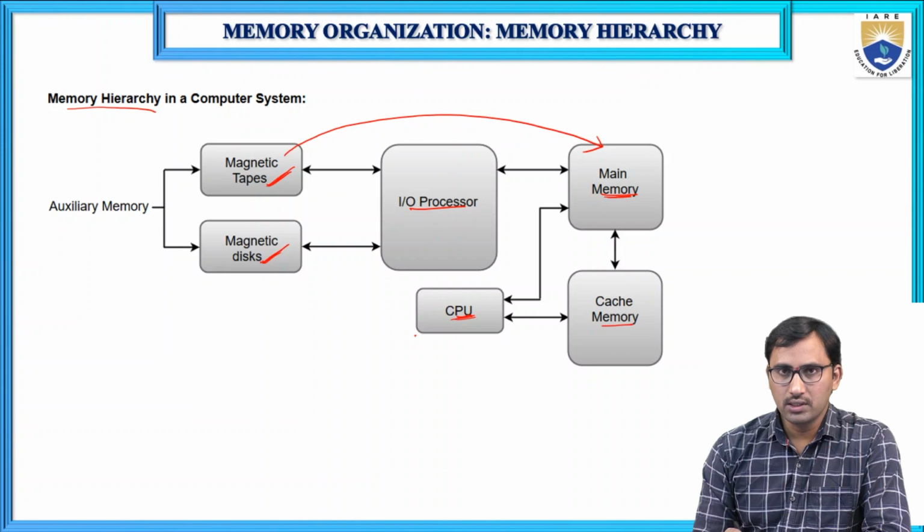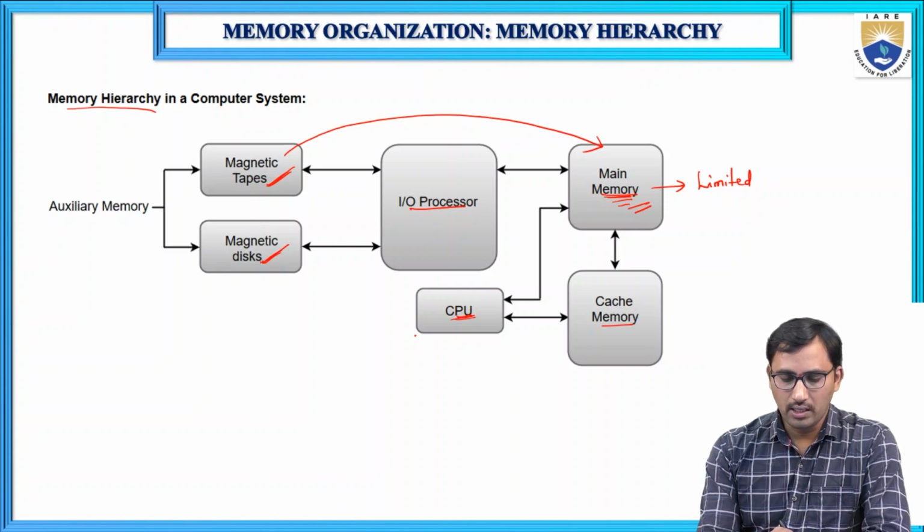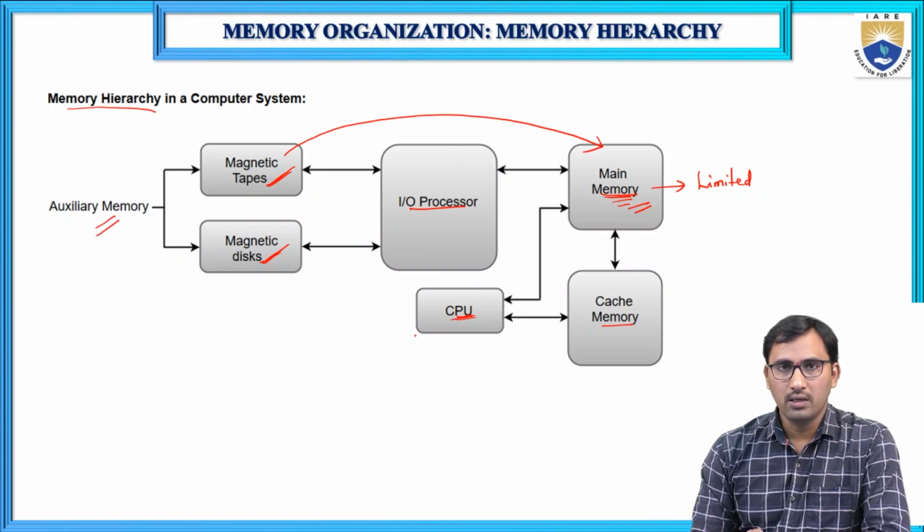Always the programs and data will run in the main memory. After completion of the execution, if the programs are not needed, they will be returned back to the auxiliary memory, because we are always clearing the main memory, which is limited. That is why unused programs and data are stored in the auxiliary memory, and only what is currently needed by the CPU resides in the main memory.